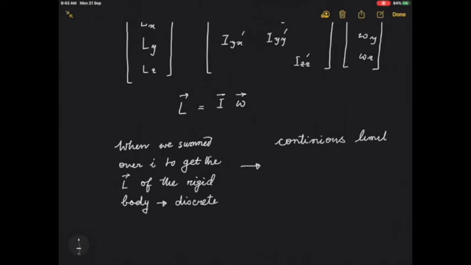So the number of particles is very large, so you can take a continuous limit where the sum over the mass can be written as a volume integration of the density.